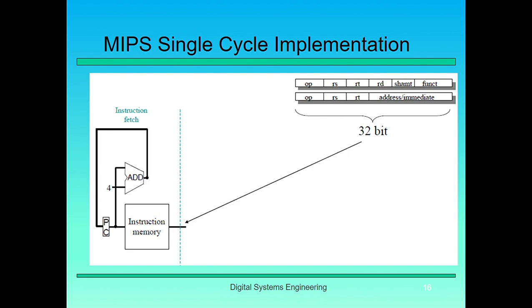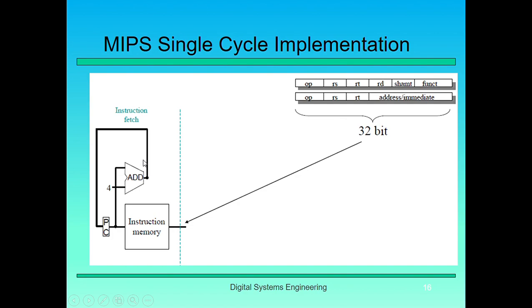Next we have the program counter, or the PC. The PC is also a state element that holds the address of the current instruction. Essentially, it is just a 32-bit register which holds the instruction address and is updated at the end of every clock cycle. In the end, we have the adder.